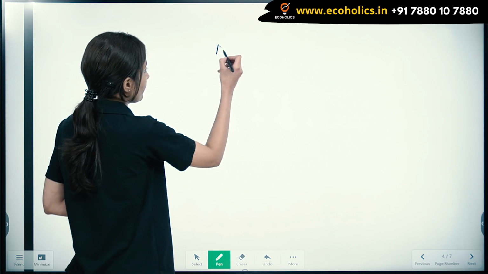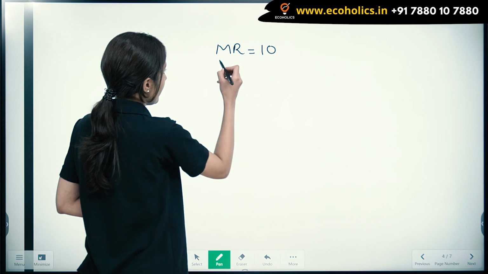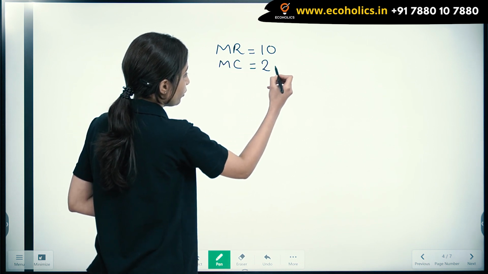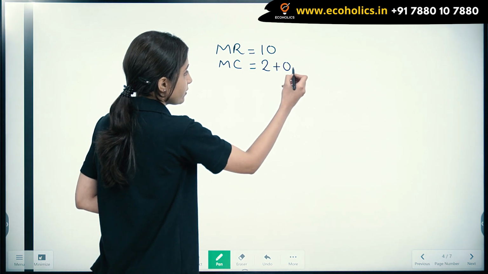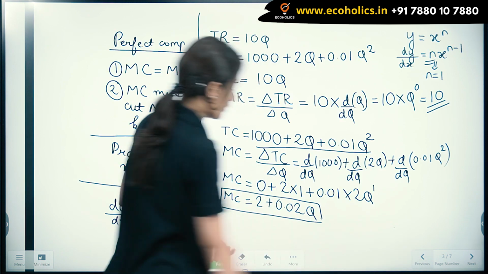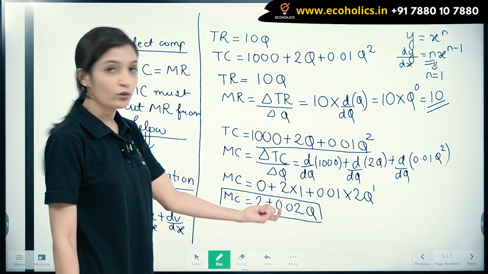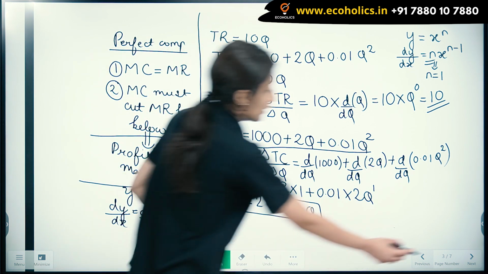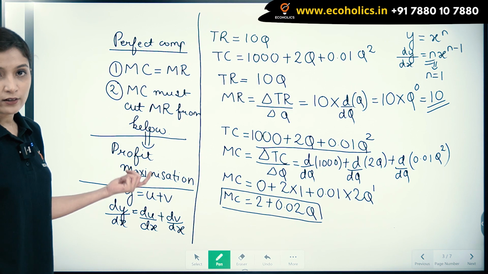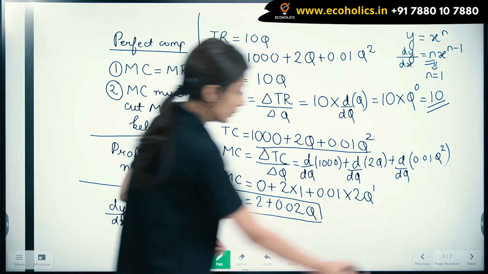So our marginal revenue is 10 and our marginal cost is 2 plus 0.02q. Now we have studied that our profit maximizing condition is MC is equal to MR. Now we are going to equate this.